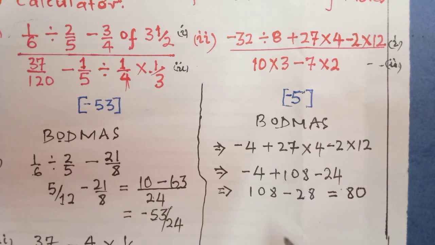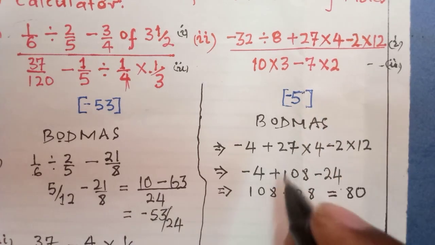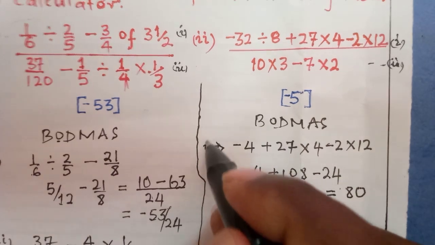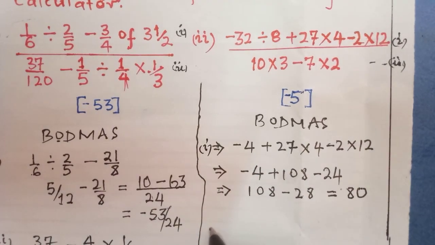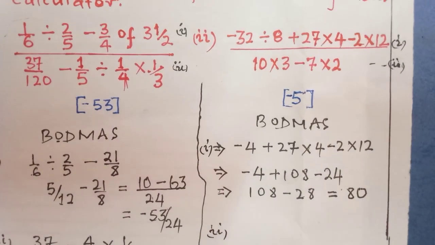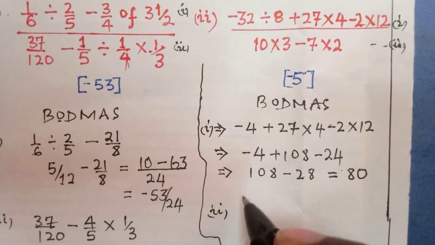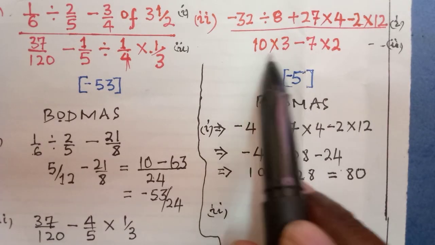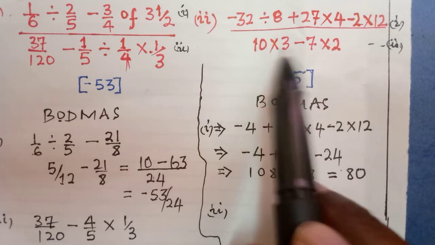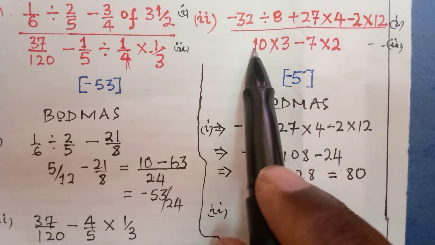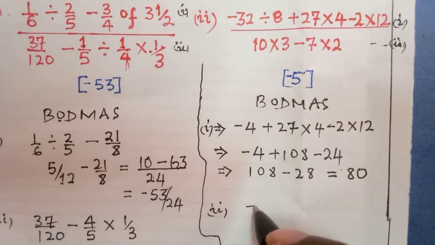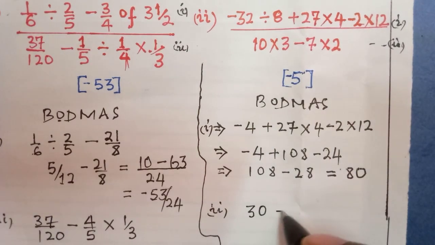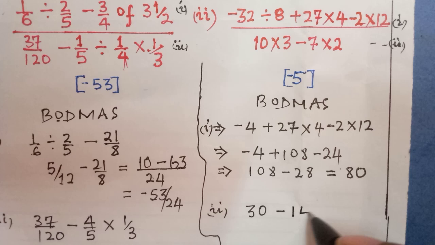So let's go on the denominator. For the denominator, this one was Roman 1, and then we go to Roman 2. For the Roman 2, first we multiply, because according to the Bodmas multiplication comes first, this multiplication. So this one will get 30, then minus now 14.